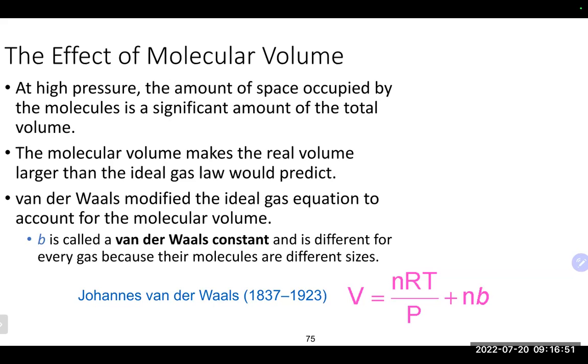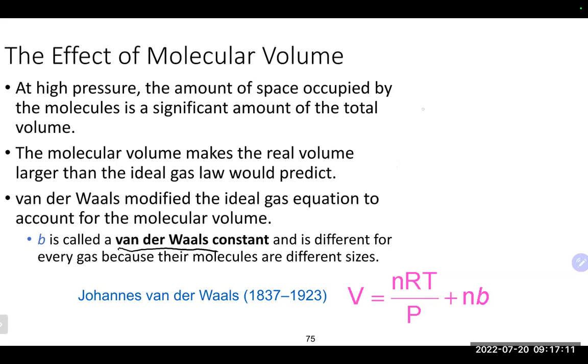So our good friend van der Waals took that into account. Van der Waals did a lot of work with, as we'll talk about in the next chapter, intermolecular forces, how molecules interact with one another. He comes up with what are sometimes referred to as van der Waals coefficients or factors.